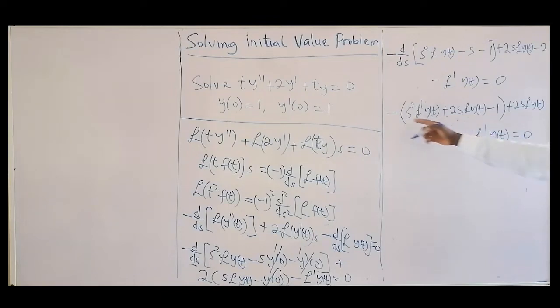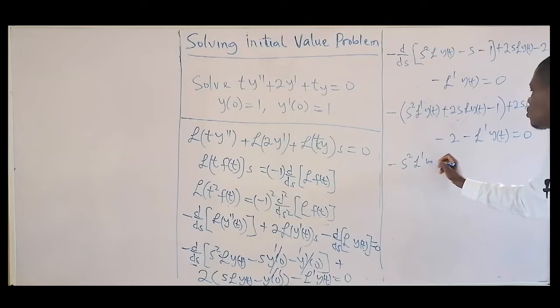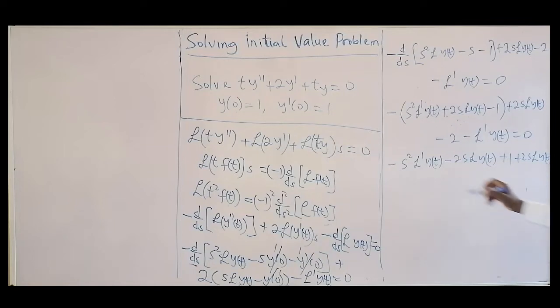So we can allow this minus to go into the bracket, which is minus s squared Laplace prime y of t minus 2s Laplace y of t, and then plus 1, and then plus 2s Laplace y of t. Then minus 2, minus Laplace prime y of t equal to 0. So we can factorize now.